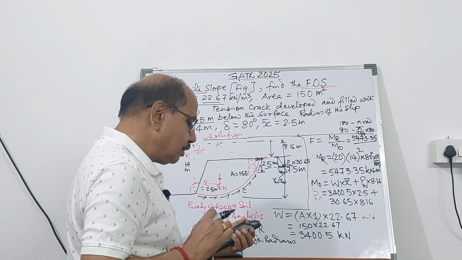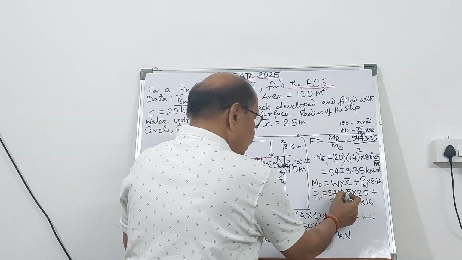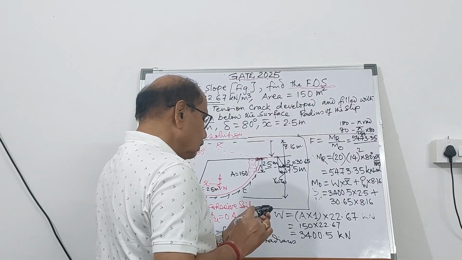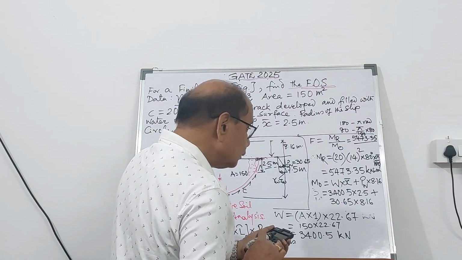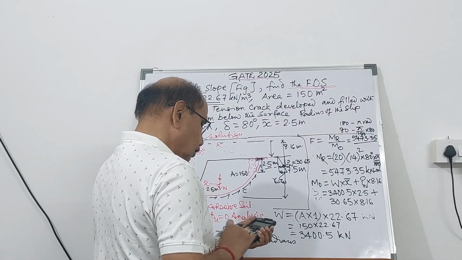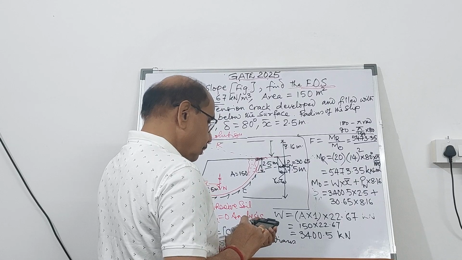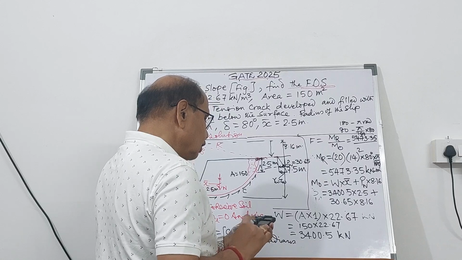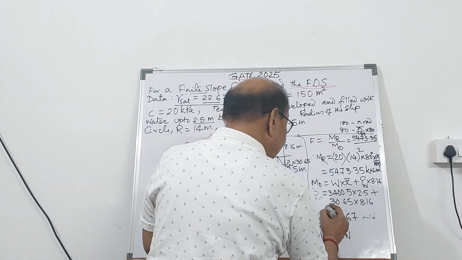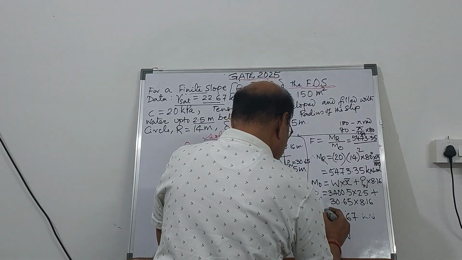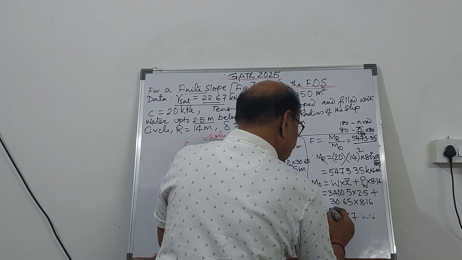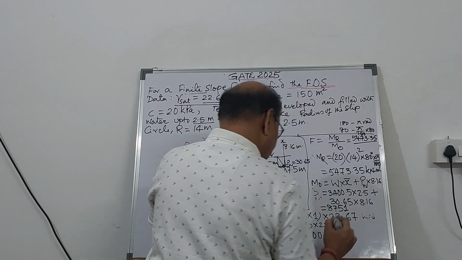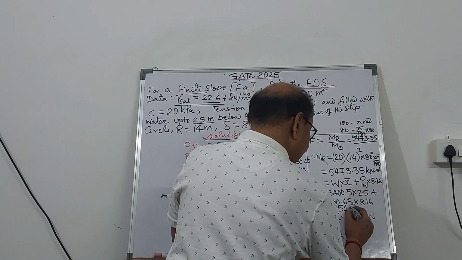Multiplying by 2.5, plus 30.65 into 8.16, this is going to give you 8751.35.